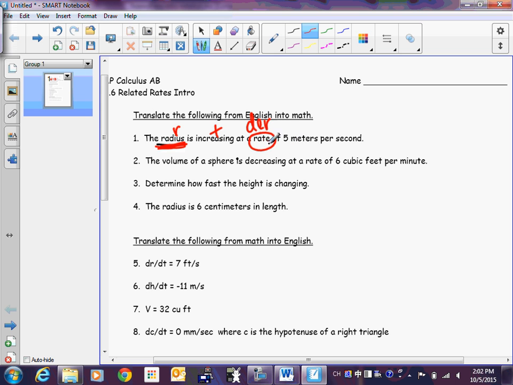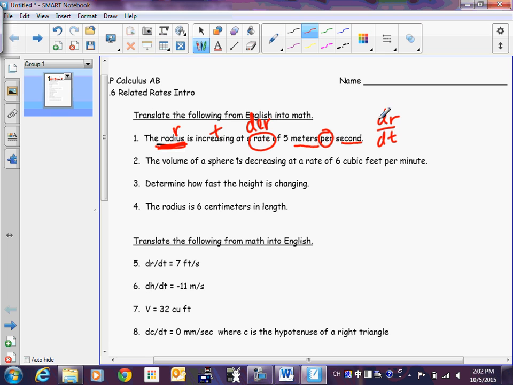Here's another way we know we're doing a derivative or a rate. See how the units are meters per second? That's how all rates are going to be. They're going to be something per some unit of time. So this is how you write this in math. You write dr over dt. The d here is for delta. Remember delta, it means change.